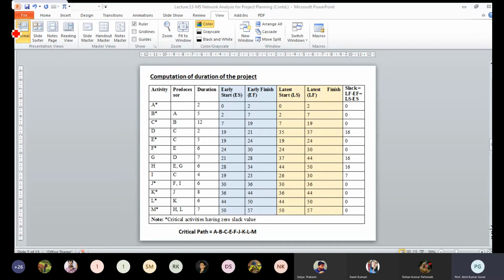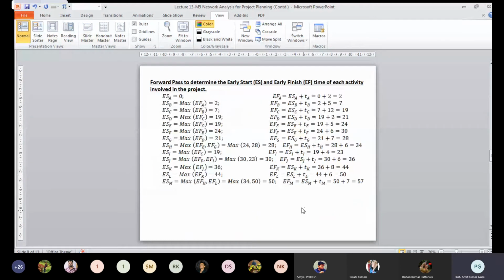The maximum duration is 57, which is the normal project completion time: 57 weeks to complete it. So this is how we can determine the project completion time. These are the calculations, just what I have discussed.